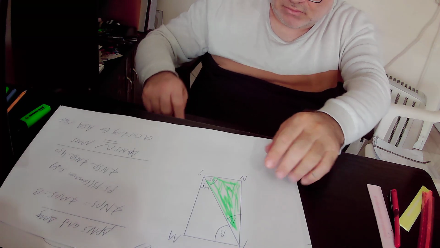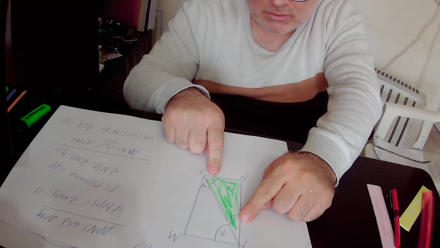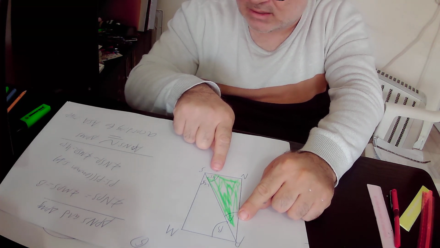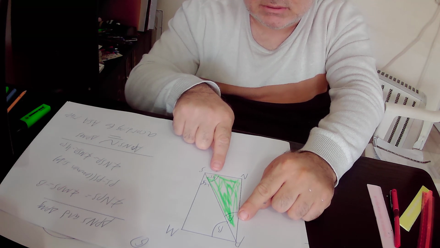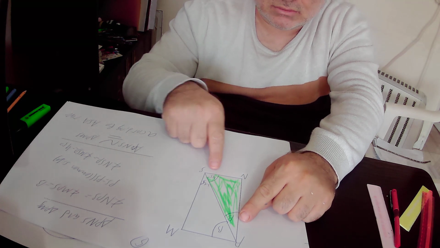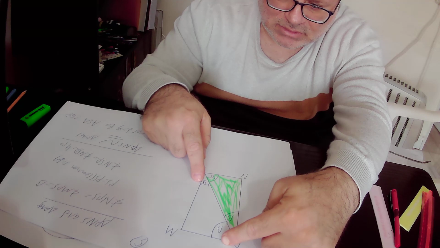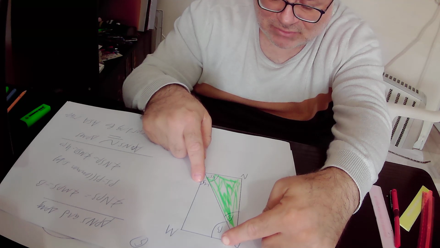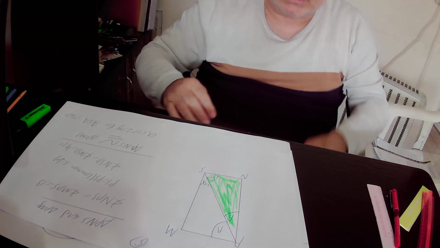And here we proved that those two angles and the side between them, that is to say PS, in the green triangle, are congruent to those two angles and the side between those two angles, that is to say PS, in the white triangle. Therefore, we prove that those two triangles are congruent according to angle side angle rule.